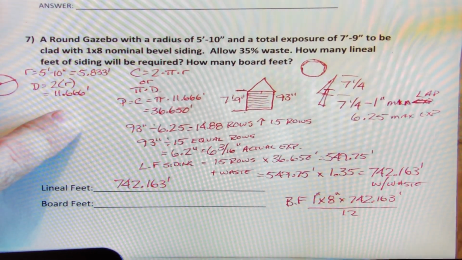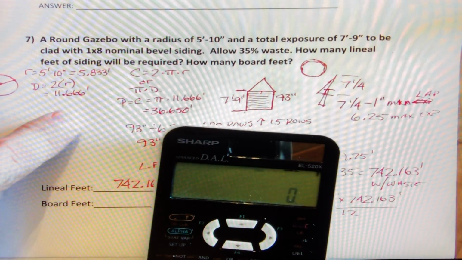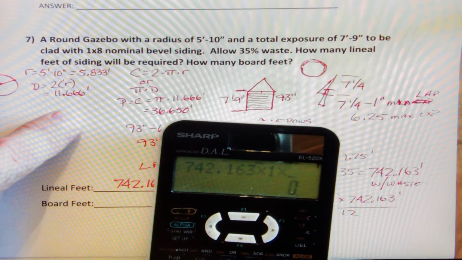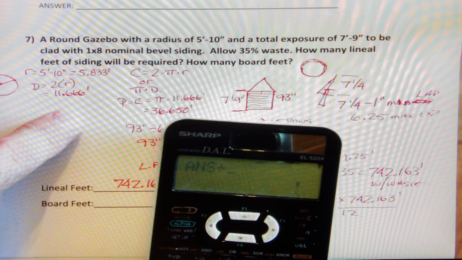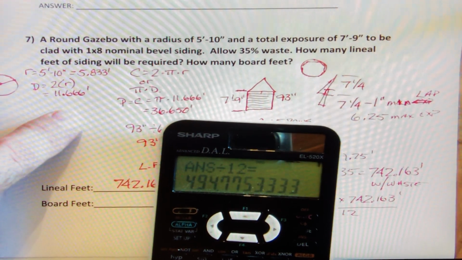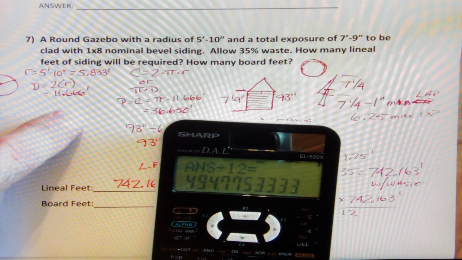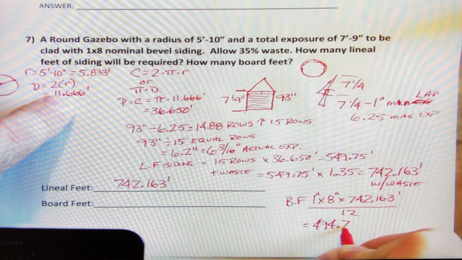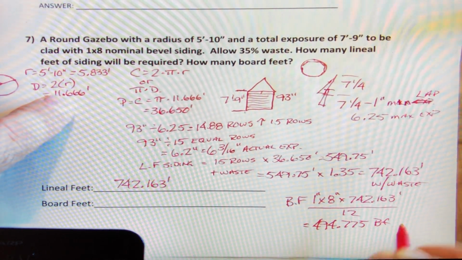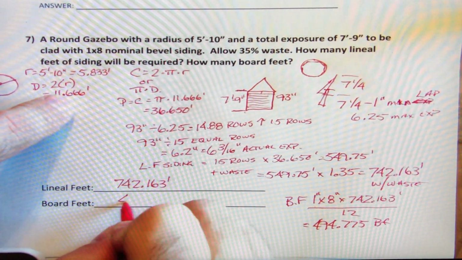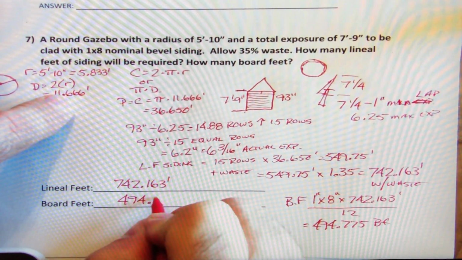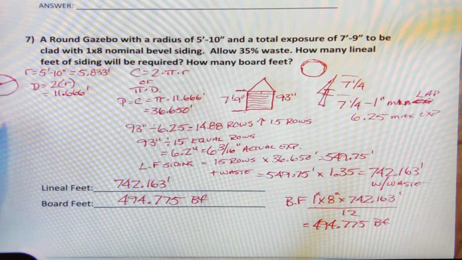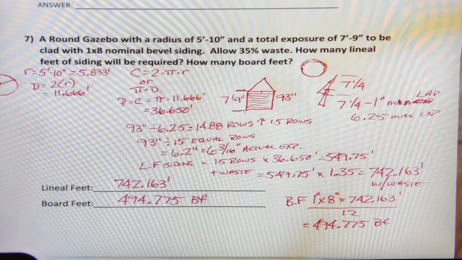I'll divide that by 12. 742.163 times 1/8 divided by 12 gives me board footage, 494.775 board feet. Fill that in over here. 494.775 board feet. That completes that question. Hope that was of some benefit to you. Thank you.